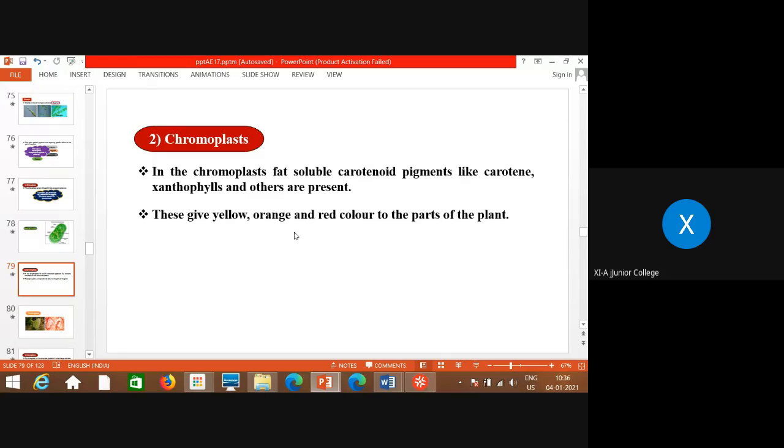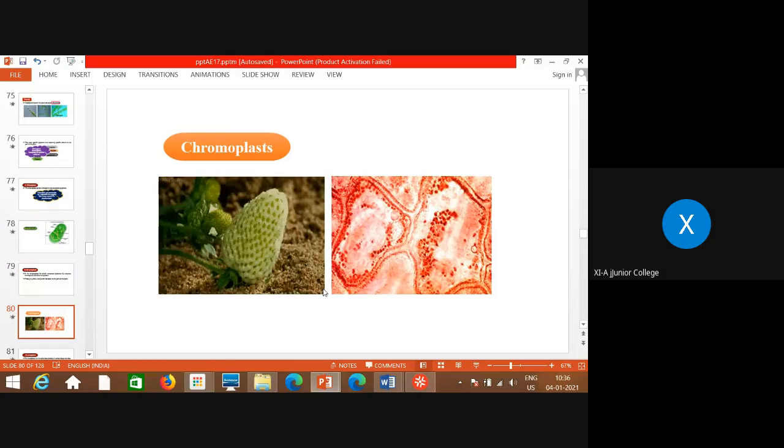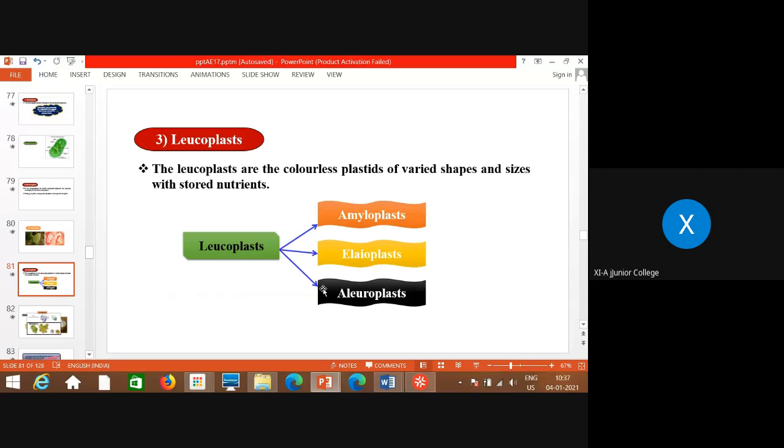They give yellow, orange, red colors to the plant parts. So in different parts of the plant, especially petals, because of these pigments, the flowers are colorful. Then there are more examples of plants which, with the help of the pigments present, show their colors accordingly.